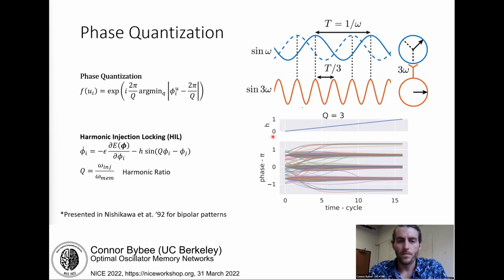Starting with initial conditions and no harmonic injection, the network will begin to diverge from a stored pattern. And in this case, the stored pattern actually had corrupted noise. As we increase the amount of coupling for the harmonic injection, we see that the network quickly converges to one of the 3 possible phase states.